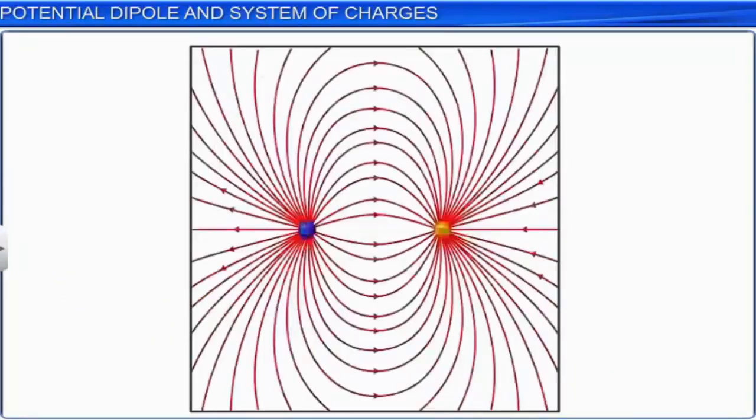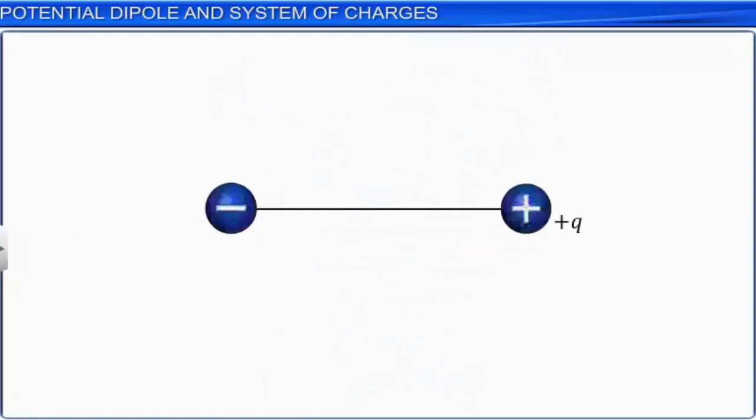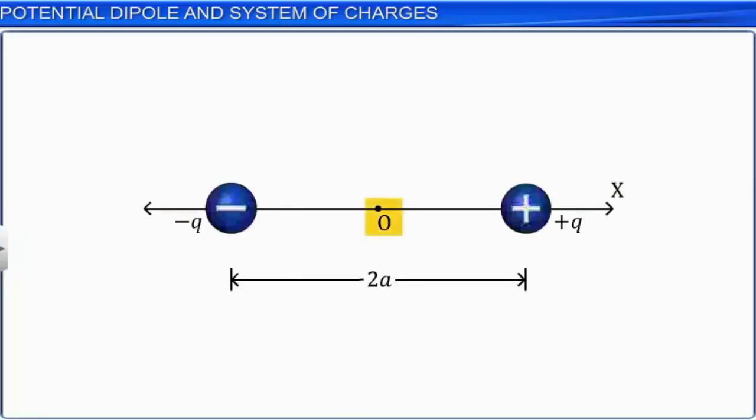Consider an electric dipole consisting of charges plus Q and minus Q, separated by a small distance 2a, with its axis placed along the x-axis and the midpoint of the axis of the dipole at the origin.